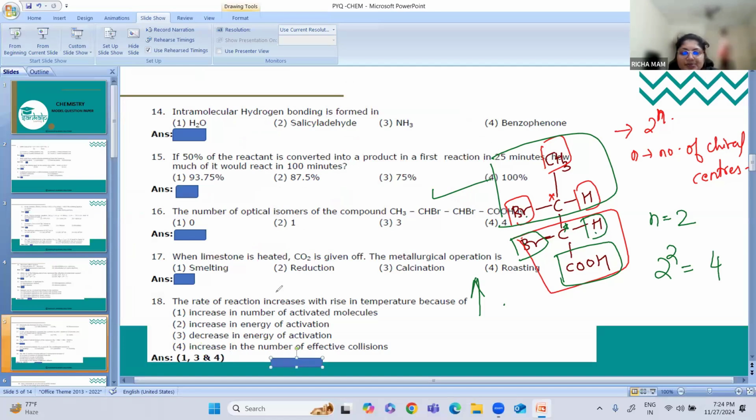So you can feel the rate of reaction increases. So options 1, 3, and 4, all these options are correct. When there is a rise in temperature, the rate increases because there is an increase in the number of activated molecules, the number of effective collisions will also be more. So if you mark any one answer, they'll give you the correct answer. Okay, fine.